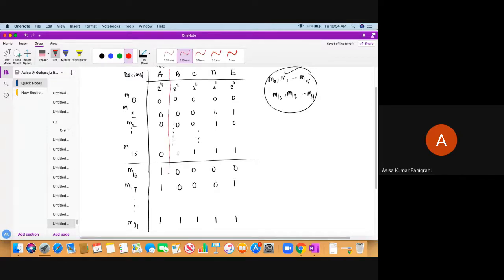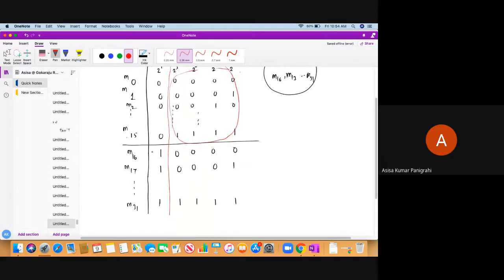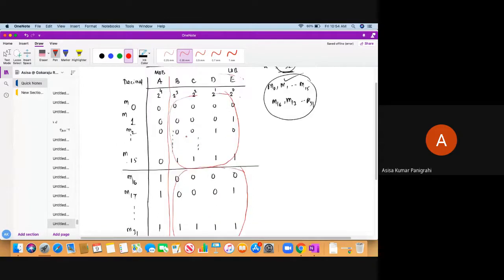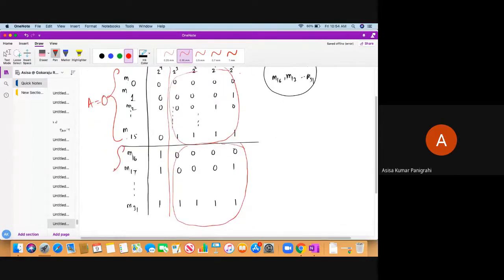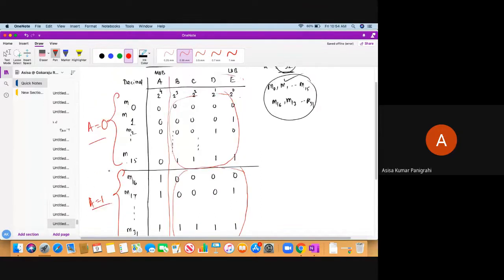Now see here, from M0 to M15 for this particular B, C and D, and also M16 to M31, B, C and D, all are similar or not? Only what is the difference you are observing? The difference is for M0 to M15, all A bits are 0, and from M16 to M31, A bit is 1. Any other difference you are finding out, students?